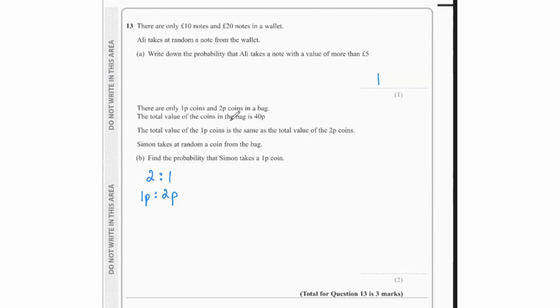Keeping that in mind, they have told us that the total value of the coins in the bag is 40p. To find the number of 1p coins, we're going to do 2/3 times 40, which is going to give us 26.6.